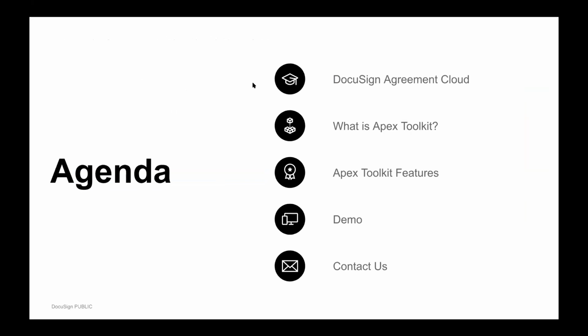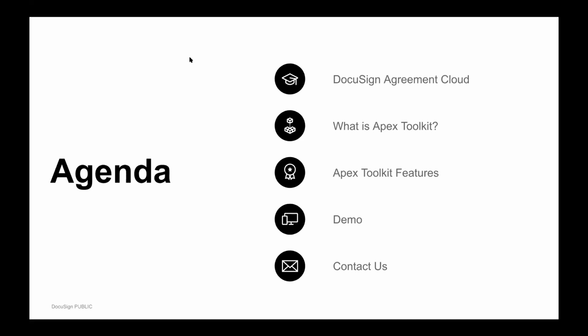Cool. So here's what we have for the agenda today. First off, we'll be talking about DocuSign and the DocuSign Agreement Cloud, what it is and how that ties into our company's goals. Then next, we'll be talking about the Apex Toolkit itself, which is the main topic for today. It's part of our managed package on Salesforce. We'll be talking about what it is exactly, which will help those who are not yet familiar with it.